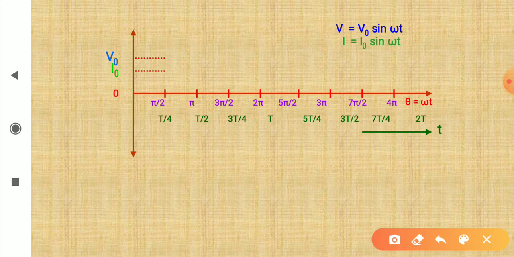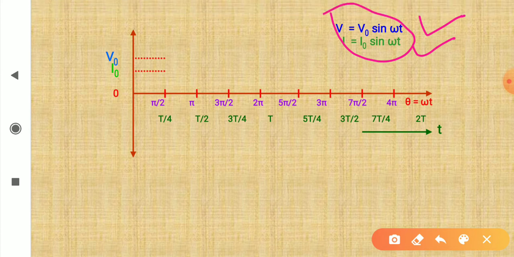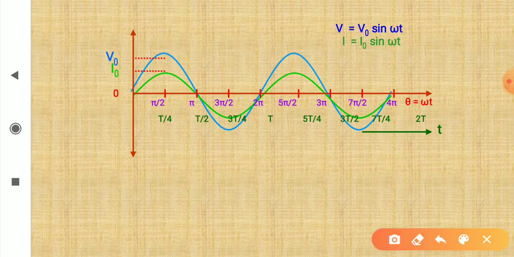When we are taking V is equal to V naught sine omega t and I is equal to I naught sine omega t, you can see that they are in same phase. They will become maximum together and minimum together. So they are in same phase of vibration. So let's see what we get now. If this is voltage V, alternating voltage V, and then this is current, you can see that when this V is 0, I is also 0.